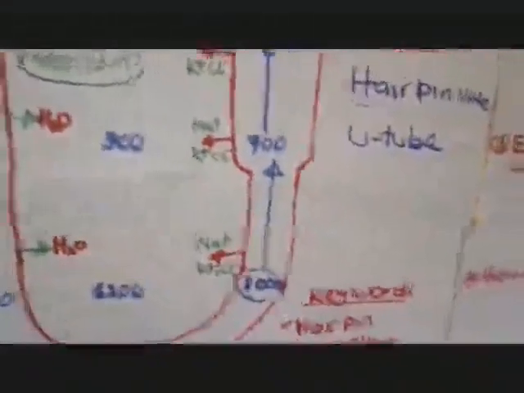You have fewer salts in the ascending limb, and more salts in the descending. So our idea was to clearly show how the mechanism occurs.